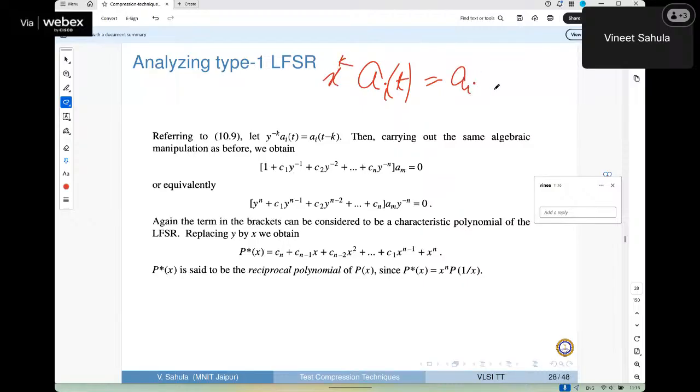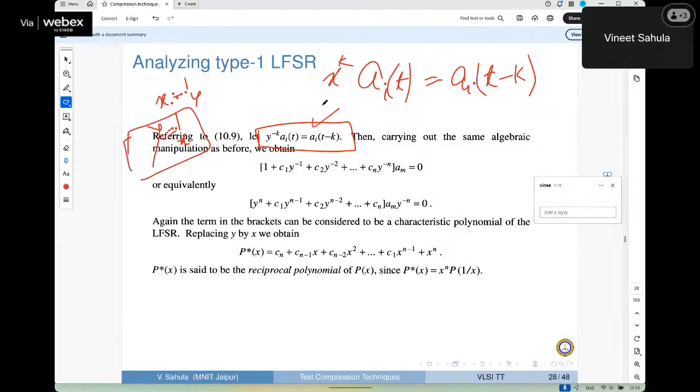Can I write a_i in the form of time domain delay? If I put x to be 1 by y, or y to be 1 by x, can I write this now from this? This we have seen earlier, delay. We can interconvert.